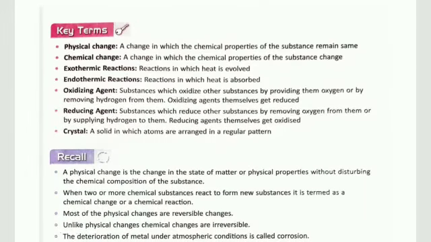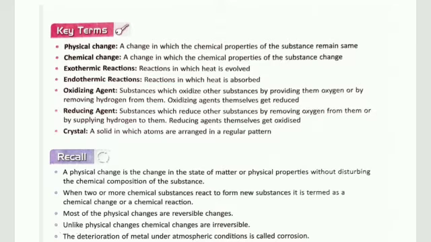Now come to key terms, meaning definitions. Physical change. What is physical change? A change in which the chemical properties of a substance remain the same. Chemical change: a change in which the chemical properties of the substance always change.